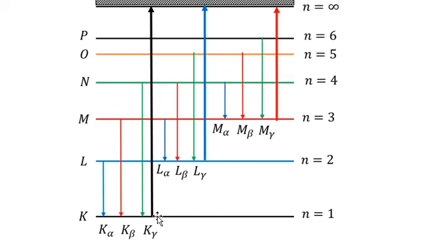then an electron from the K shell is ionized, and immediately you will observe the K alpha line, because the vacancy is generated in the K shell by the ionization process, and the most probable event is that an L electron from the L shell will jump to fill the vacancy of the K shell.